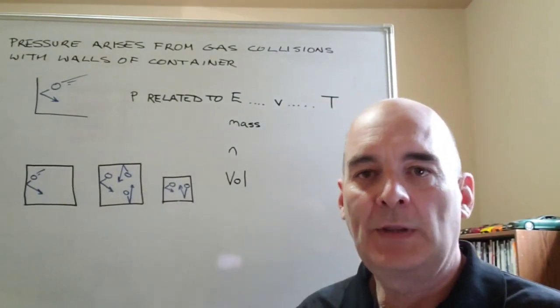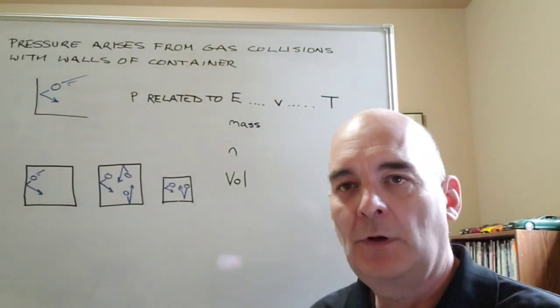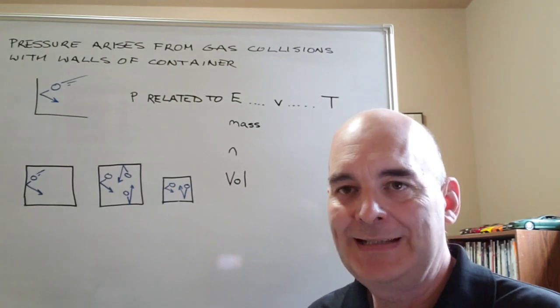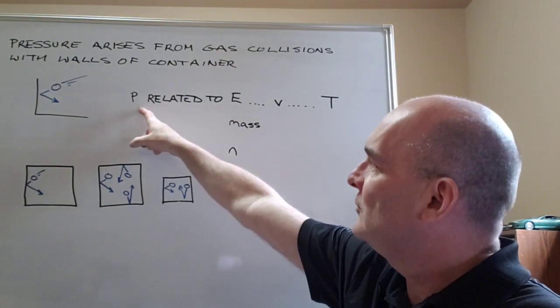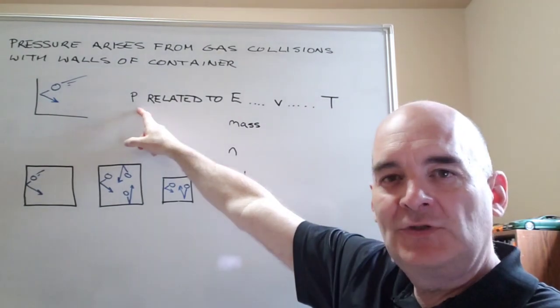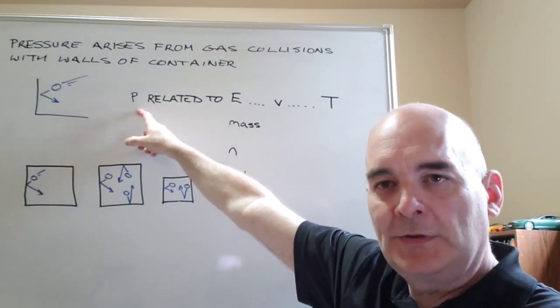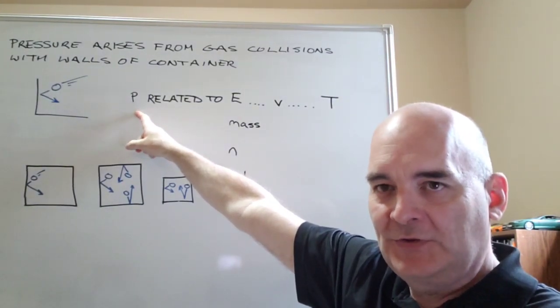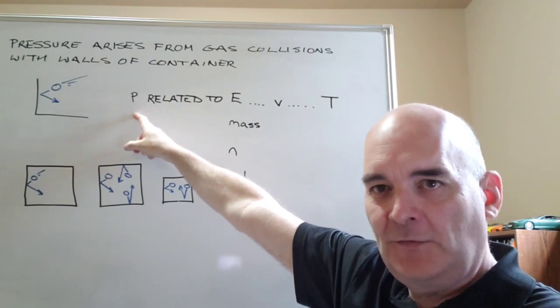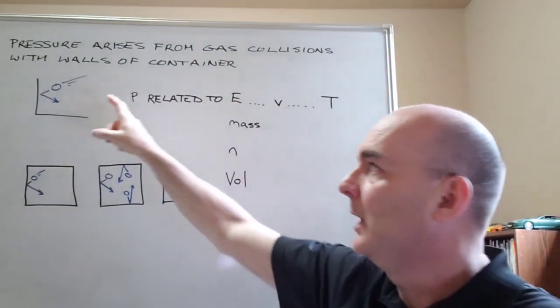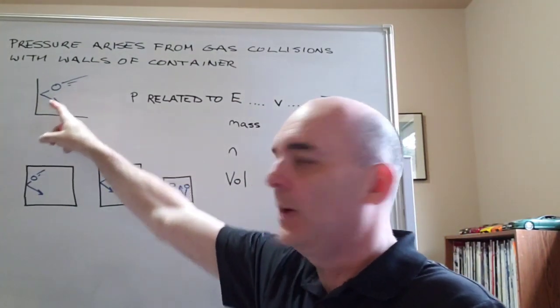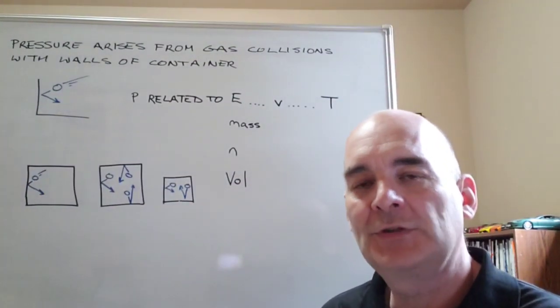Pressure arises when the gas particles bounce off the inner walls of their container. So pressure is going to be related to a number of variables that we might be able to change and observe. Pressure, first and foremost, is going to be related to the energy at which the gas particle is going to bounce.